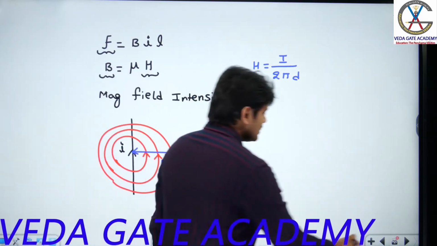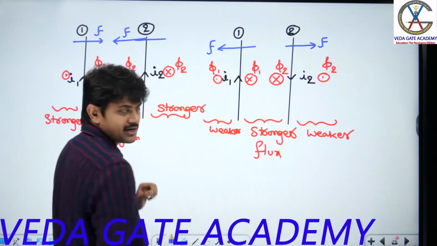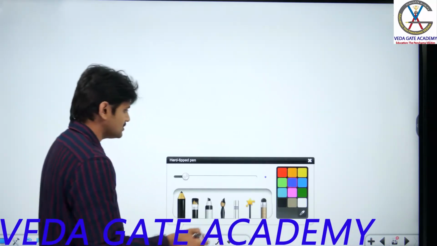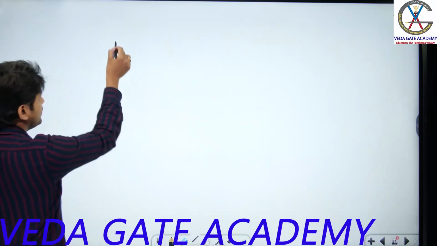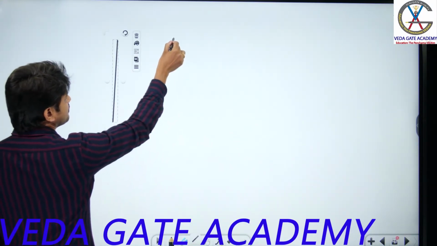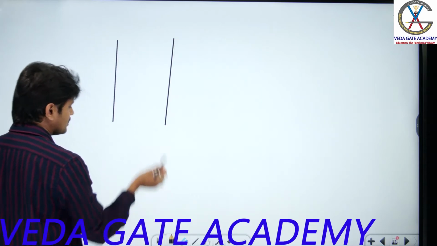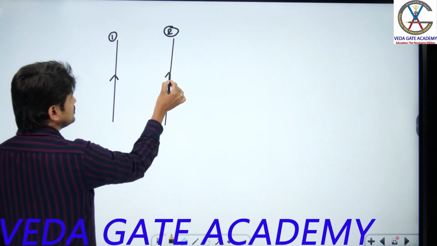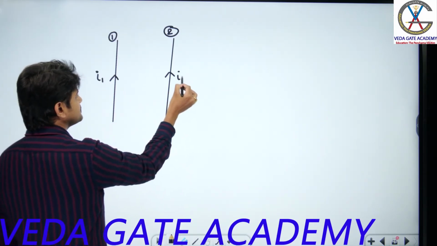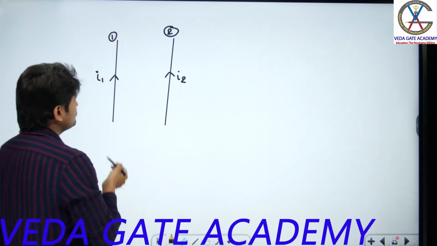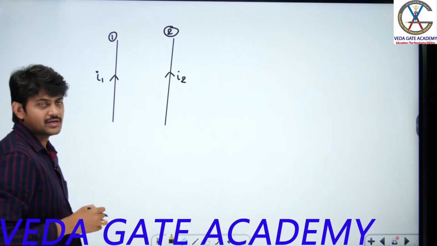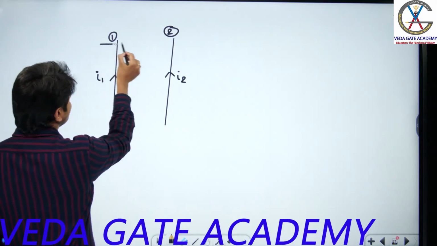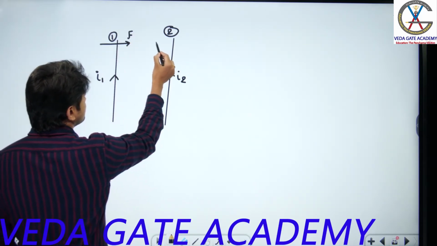Out of these two cases, I will consider this particular case and see how to determine the force acting on these conductors. So again, I am quickly taking case 1. This is conductor 1 and this is conductor 2, and I allow the currents I1 and I2 to flow through these conductors in this direction. Because these two conductors carry current in the same direction, there is a force of attraction between them.